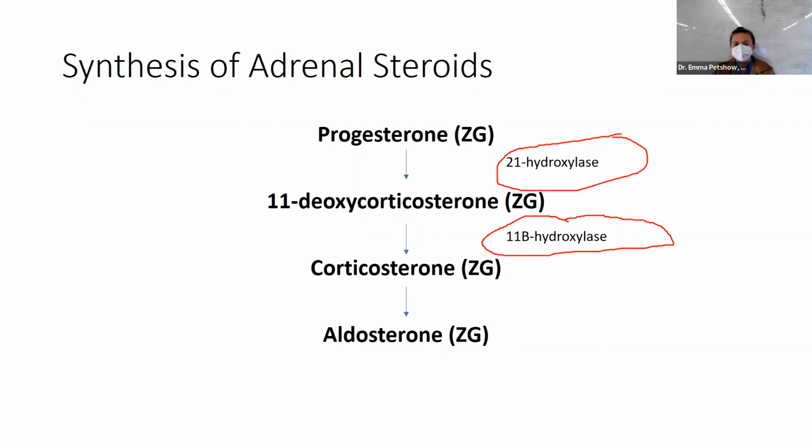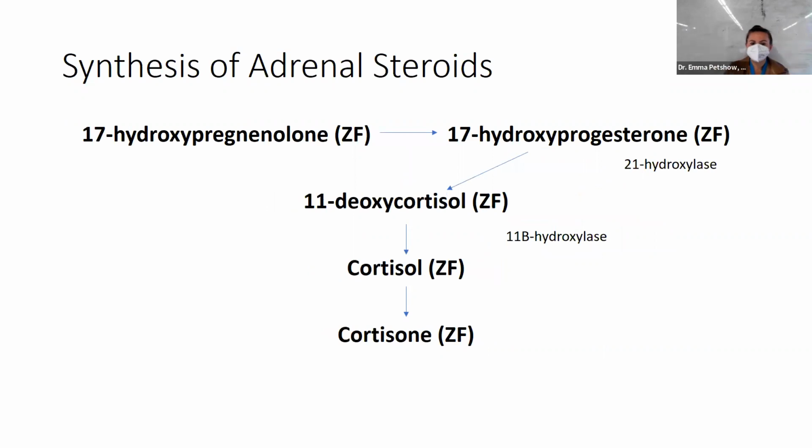So one of its points that it helps convert is progesterone to 11-deoxycorticosterone in this zona glomerulosa. The other area where it affects is when we start looking at the fasciculata. So now we're in the next area of tissue. We have our 17-hydroxypregnenolone and our 17-hydroxyprogesterone. This can be formed again from pregnenolone itself directly.